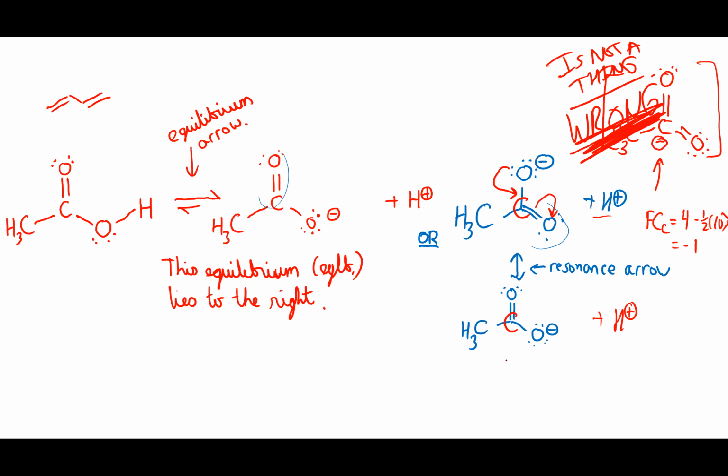Well, the real structure has a partial negative charge on that oxygen, a partial negative charge on that oxygen, and a partial double bond between the carbon and both of the oxygens. I'm going to talk about that a lot in a moment. We're going to get to all of that. I just want to make sure we're all on the same page on this.